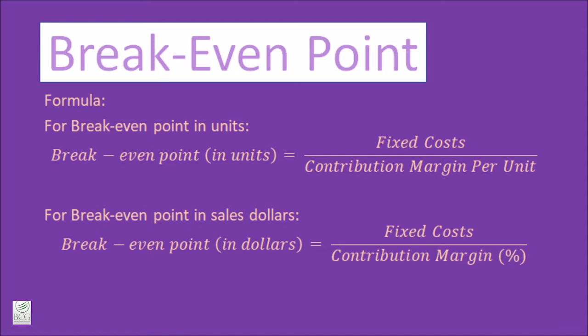If you are asked for the break-even point in sales dollars, or rather in currency, the break-even point is fixed cost divided by the contribution margin ratio. To get the contribution margin ratio, you divide the contribution margin over the sales, and you'll get the percentage ratio of contribution margin. And with that, we can move on to the illustration.